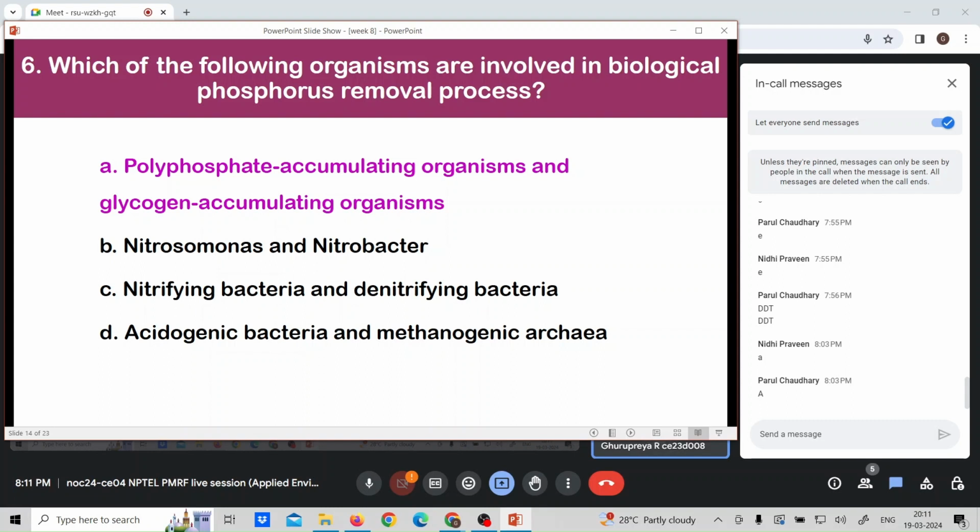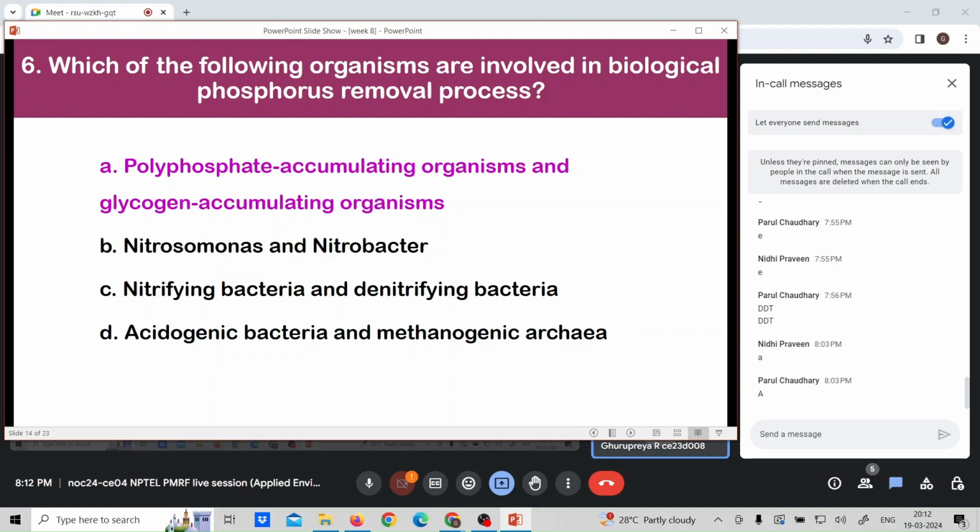This process is known as hydrolysis. Then in acidogenesis, using all those hydrolyzed products, your bacteria will start producing volatile fatty acids.